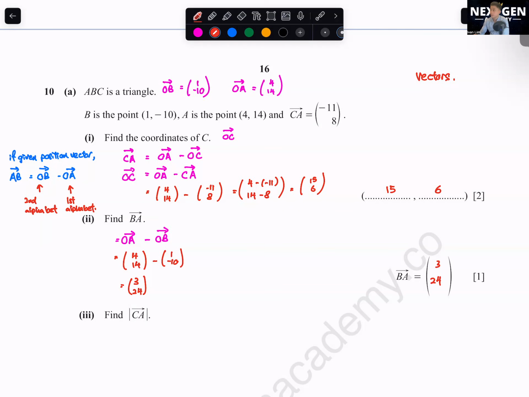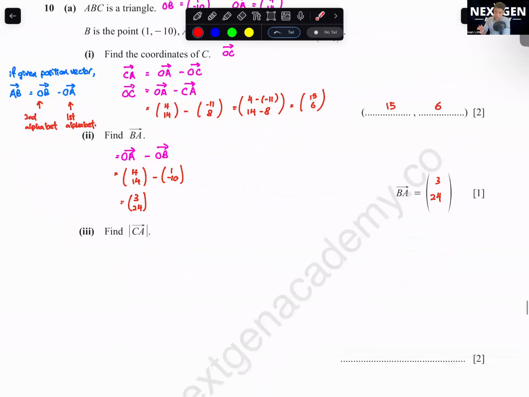Okay. Next thing. What is the two lines over here in a vector? Okay, what does it represent? What's the theory part? Okay, when you all see this, it is called magnitude. These two lines are called magnitude. And what's the formula for magnitude? Square root x squared plus y squared.